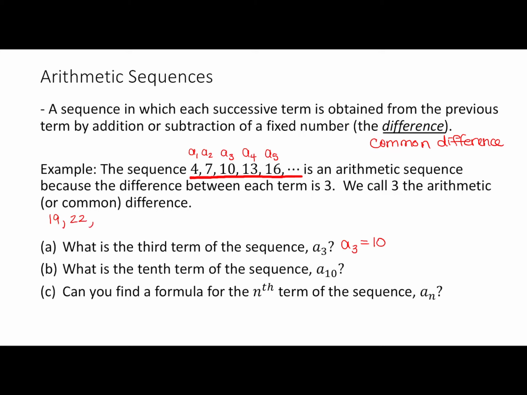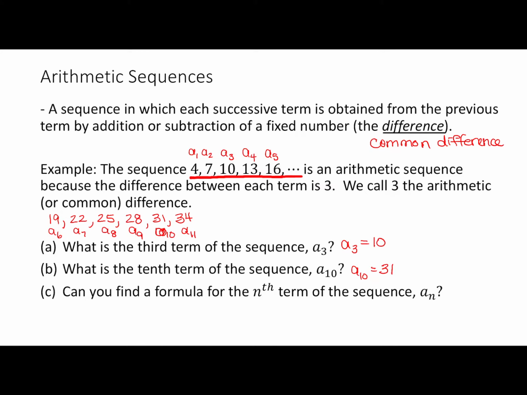So 22, and then add 3. 25, 28, 31, 34. So that's A5, A6, A7, A8, A9, A10, whoops, A10, A11. So 31 is A10.